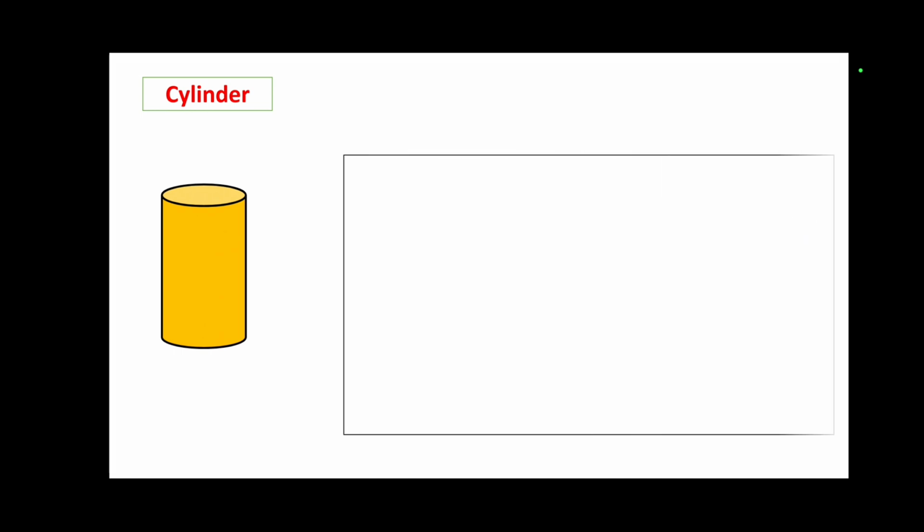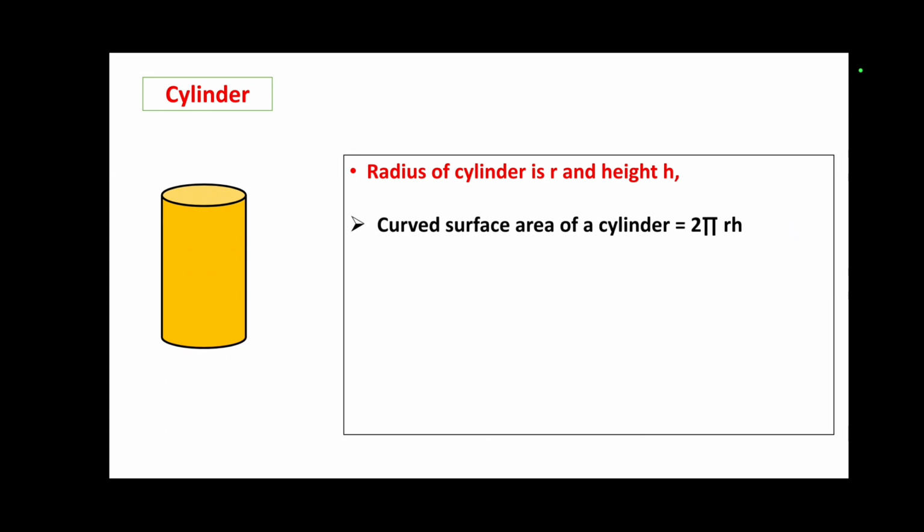The third one is the cylinder. You have also learned this in the lower class. This is the shape of a cylinder. It has 1 vertical curved surface and 2 circular faces, top and bottom. Here the radius of the cylinder is R and the height is H. The curved surface area of a cylinder is 2 pi R H. As we know, 2 pi R stands for the circumference also.